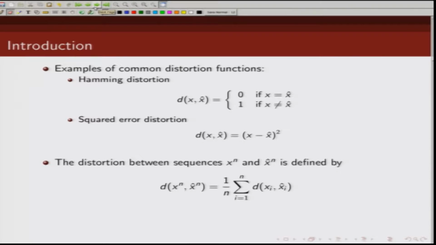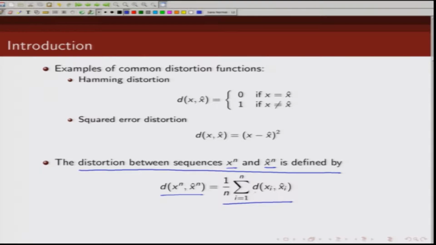Now, the distortion measure that we have defined so far is on a symbol by symbol basis. We could extend this definition to sequences as well. So, if you want to extend this definition of distortion measure to sequences, where this is a source sequence and this is a reproduced sequence, then the distortion measure can be written as the average distortion per symbol.